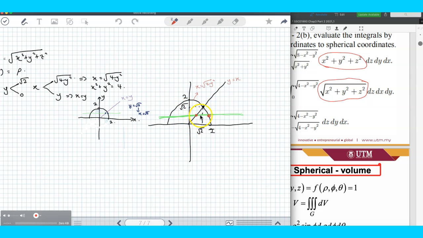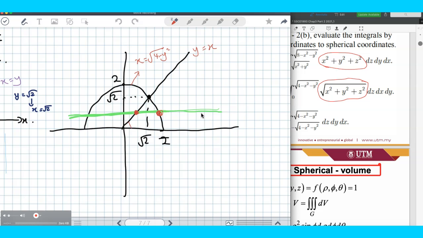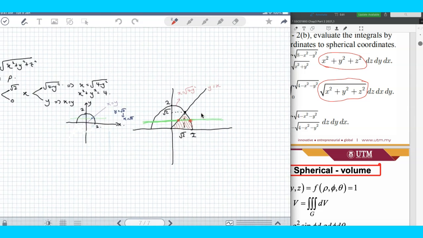Then when you read x from left to right, the lower bound is given by the straight line, and the upper bound is given by the semicircle. So your region is over here.